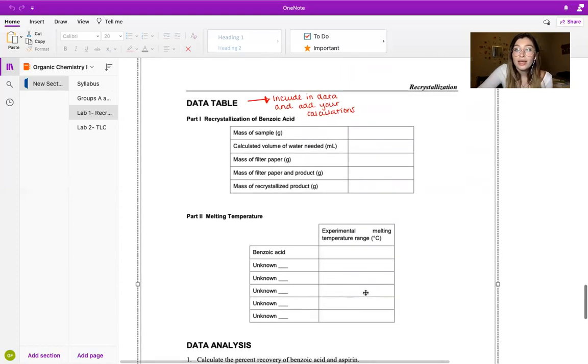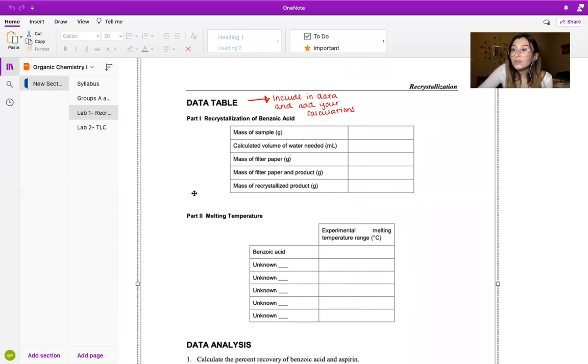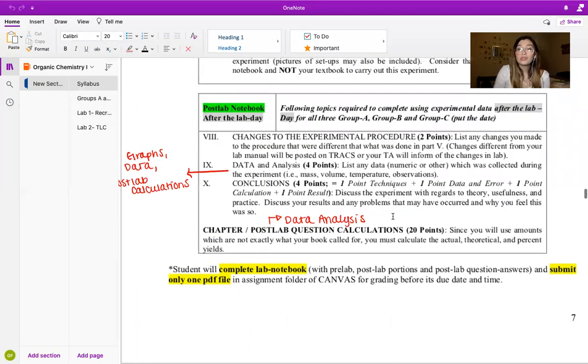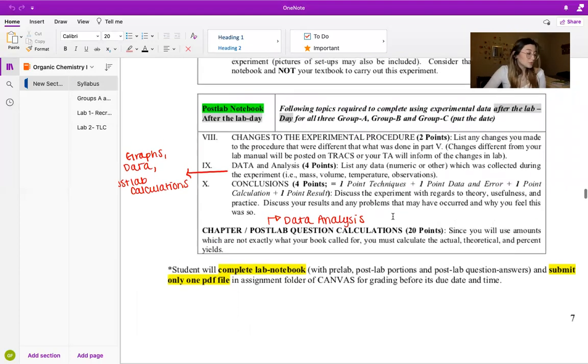If we give you graphs or you need to print out a graph, maybe from the LabQuest, it's also going to go under the data. Also, whatever you did for your pre-lab calculations, in your post-lab calculations you are going to plug in the numbers you got from your lab and put them into your calculations, and this is where you will put it.